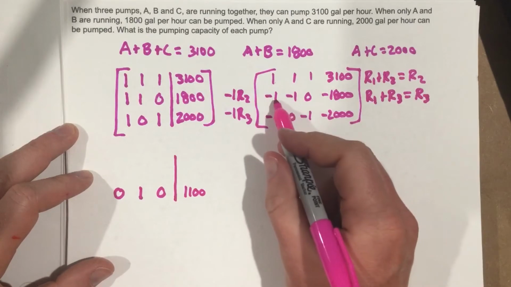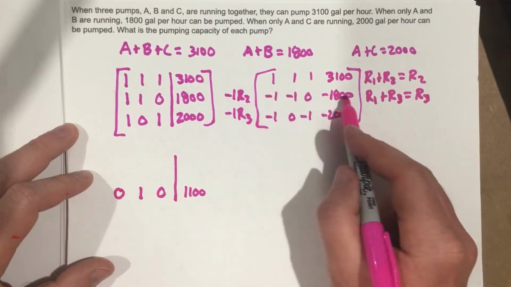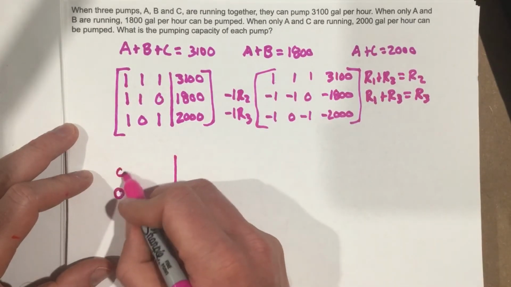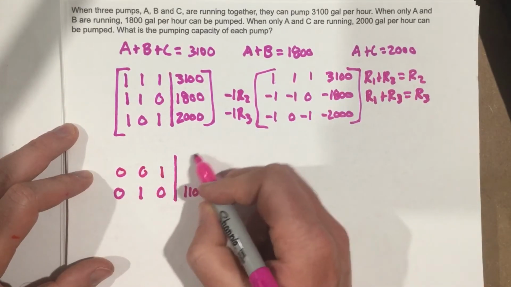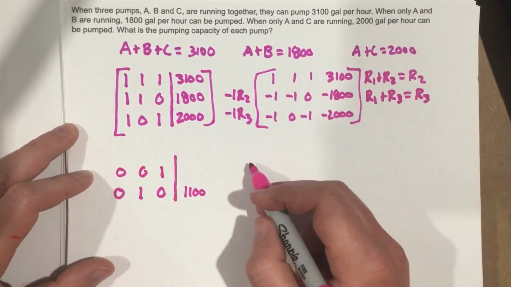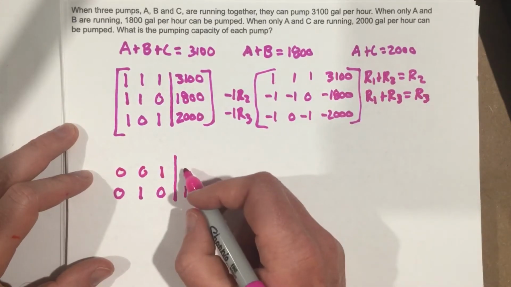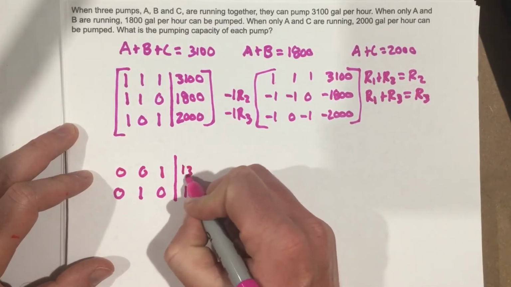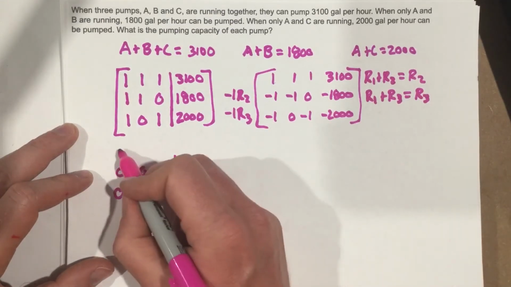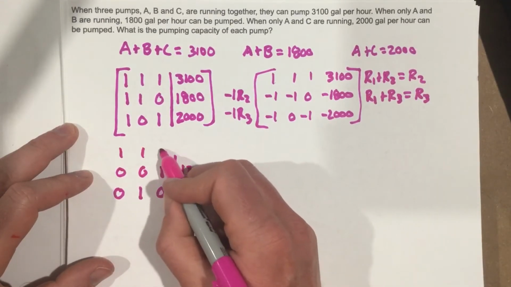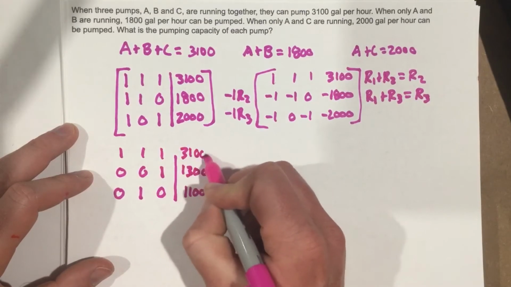Now we do row 1 with the middle, that's 0, 0, 1, and then 3,100 minus 1,800, that gives you 1,300. And then we still have 1, 1, 1, 3,100 on the top.